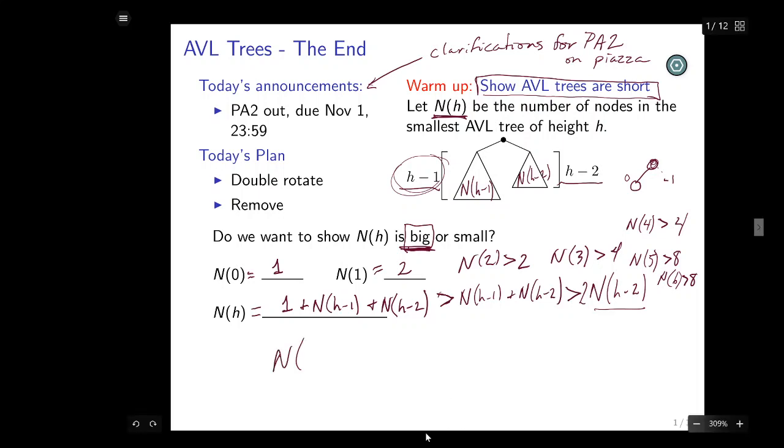N of h is some power of 2. No, not equal. Bigger. Bigger than some power of 2, yeah, h over 2. In fact, it's maybe the ceiling of h over 2.